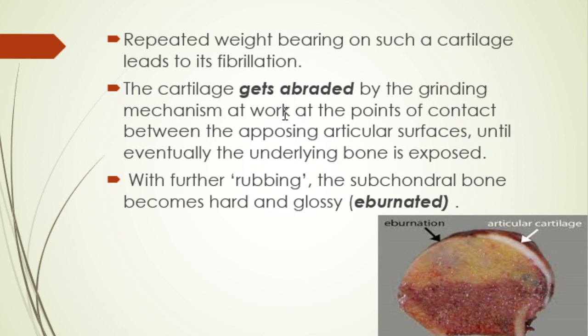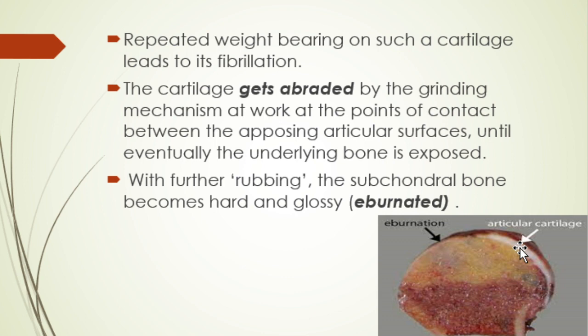And as the rubbing continues, the bone will become hard and glossy, and such part of the bone is called eburnated bone. So further rubbing of the subchondral bone makes it hard and glossy. Subchondral bone means the bone which is present under the cartilage.